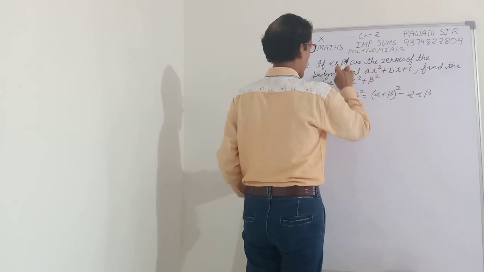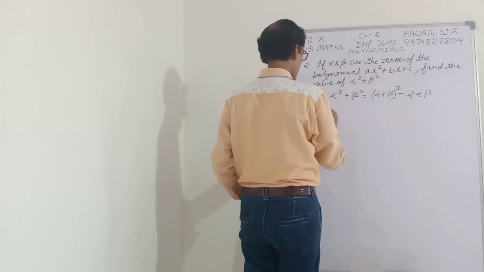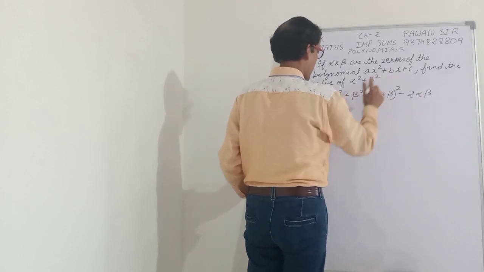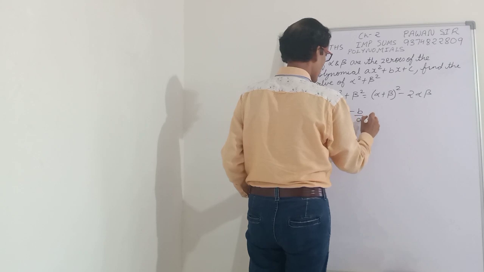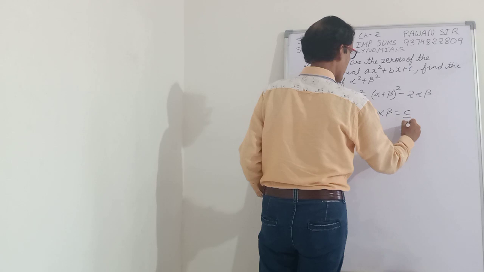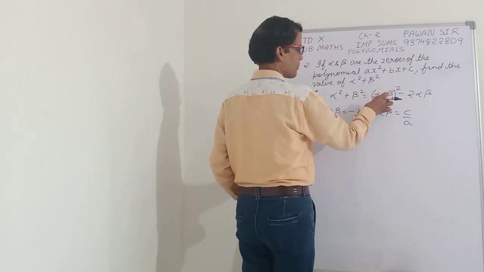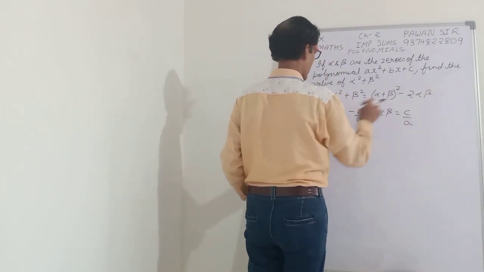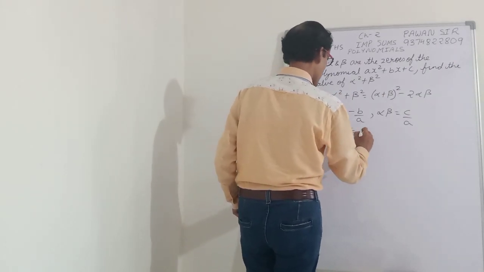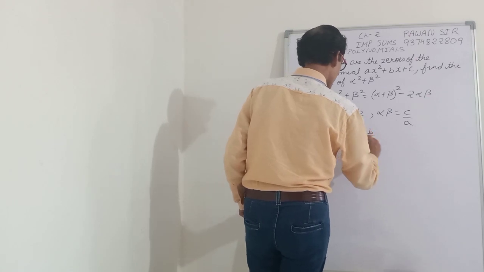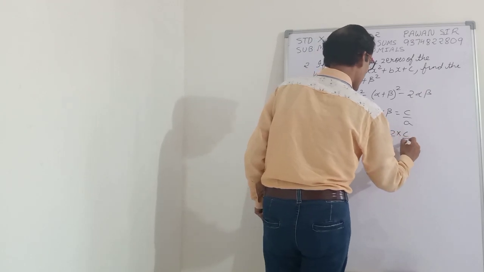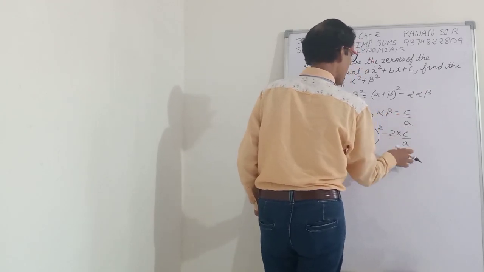As you know, alpha and beta are the roots of this. Alpha plus beta is equal to minus b by a, and alpha beta is equal to c by a. So put the value of alpha plus beta in this and alpha beta here. So what we get? Alpha square plus beta square is equal to minus b by a whole square minus 2 into c by a, because alpha beta is c by a.